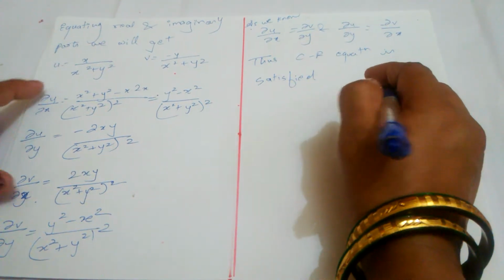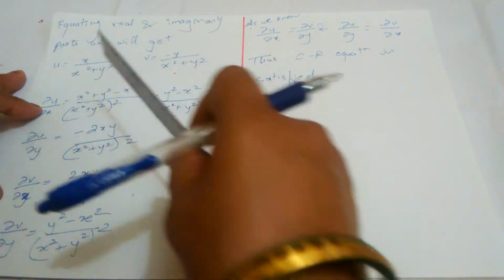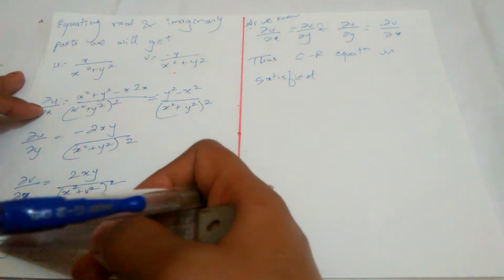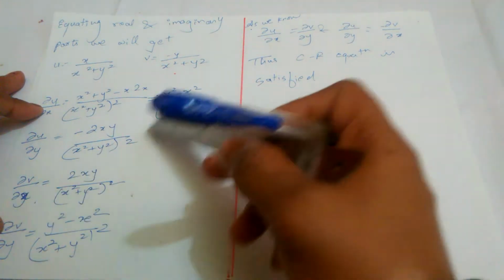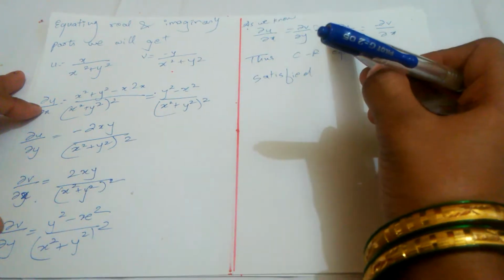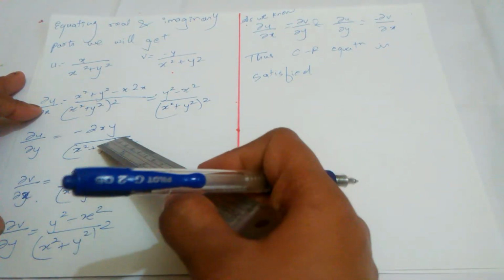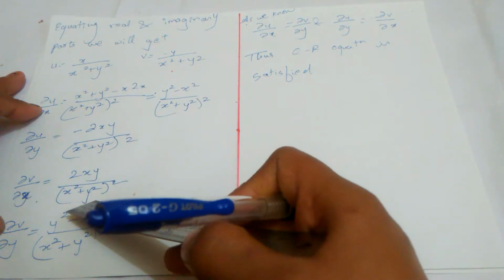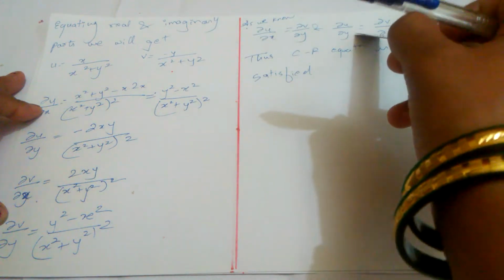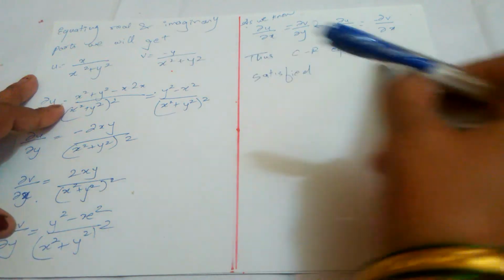As you can see here, in this part this is du/dx, and here in this part dv/dy. So this term and this term are the same, and in the same way du/dy and minus dv/dx, this term and this term are the same, so we are getting a negative term here. So these terms are satisfied. As a result, the CR equation is satisfied.